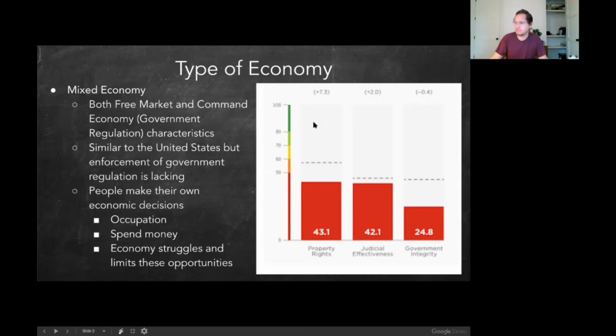Property rights, government protecting them, judicial effectiveness, the judges, the whole system. There's a backlog of court cases about protecting people's property rights, and government integrity is lacking. So corruption is part of the issues with Malawi's economy. I'm going to press play on the music, and I want you to answer that first question, please. Go.